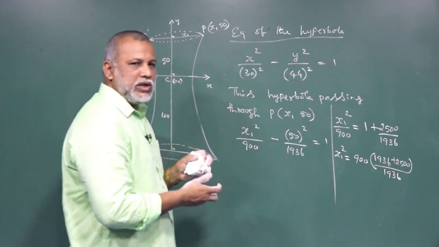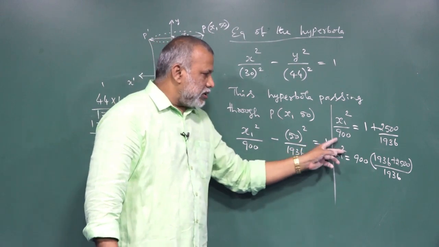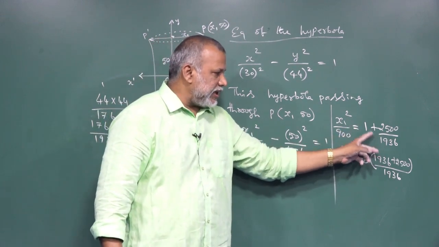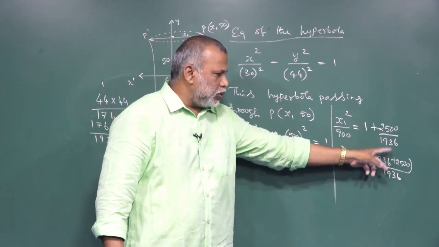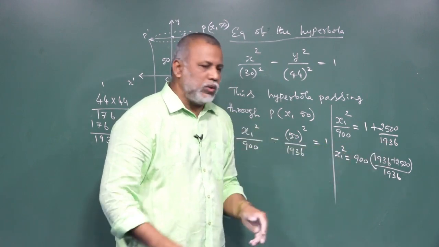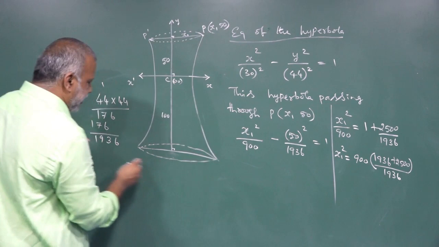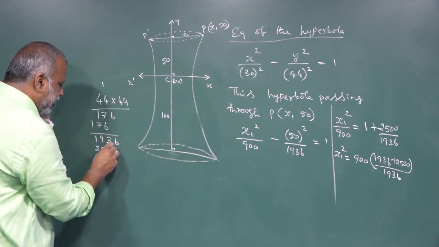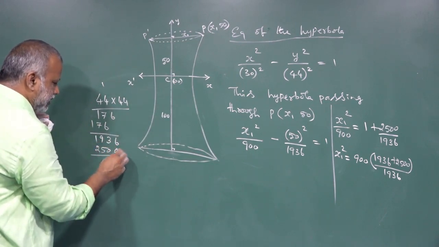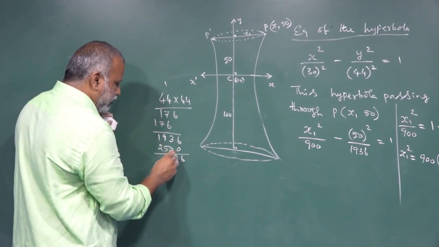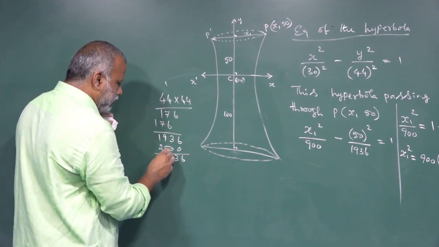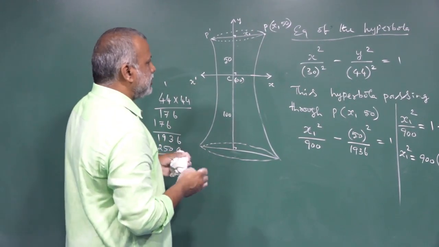See the calculation part clearly. Now we have to simplify. This 1936 is added with the 2500. Simplifying, 6, 3, 14, again 4. So we are getting 4436.